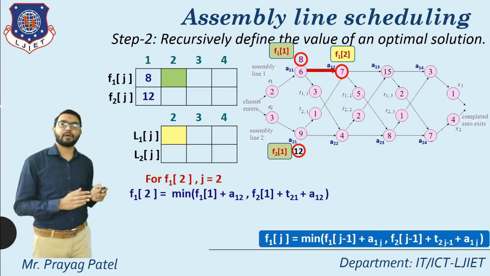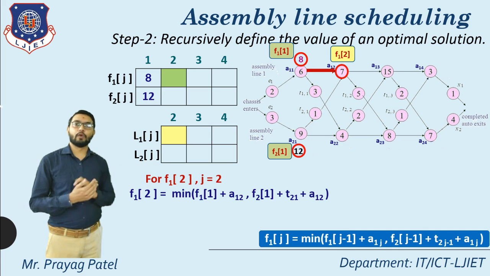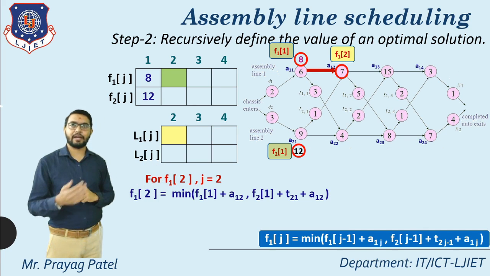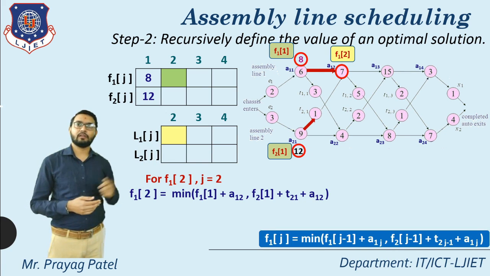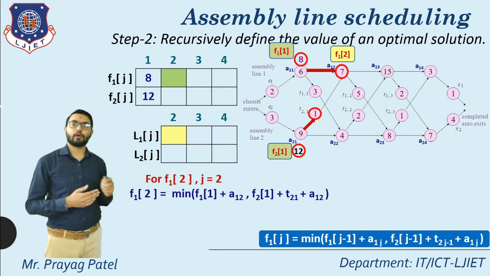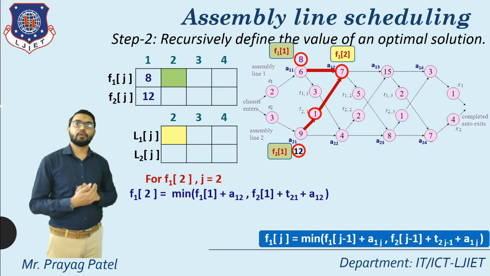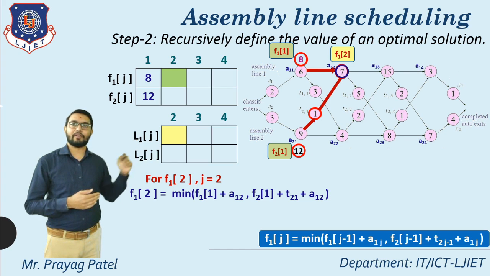Now what is the second part? Second part is f21, here consider value 12 as f21. We already found it in the previous step. Now consider the next path, and the value is 1 for T21. Now next value is A12, which is 7.